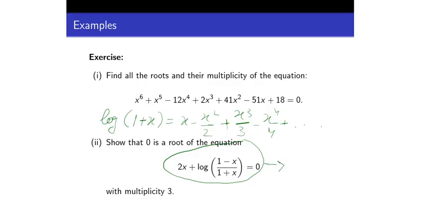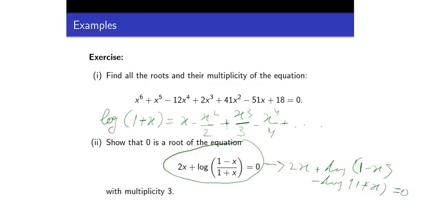This equation implies 2x plus log of 1 minus x minus log of 1 plus x is equal to 0, since log of m by n is log m minus log n. So now use the fact that log 1 plus x is this. Log 1 minus x can be obtained by replacing x by minus x.